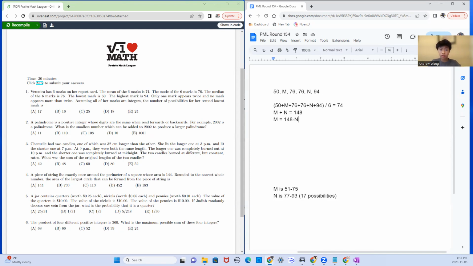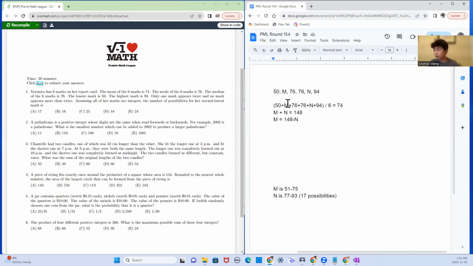When we look back at the question, since the median of the 6 marks is also 76, that means we know the two medians, 76 and 76, are in the middle of the list. That is why we know M and N are the second smallest and second largest numbers in this list.